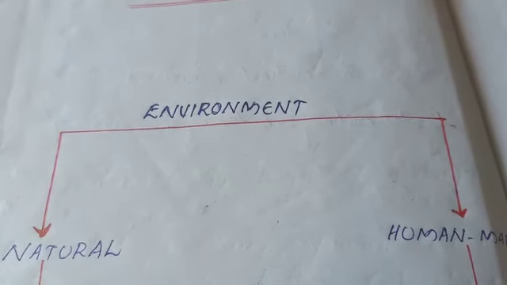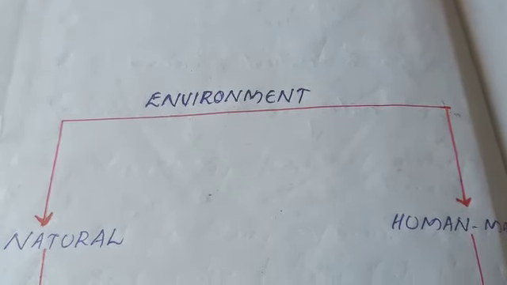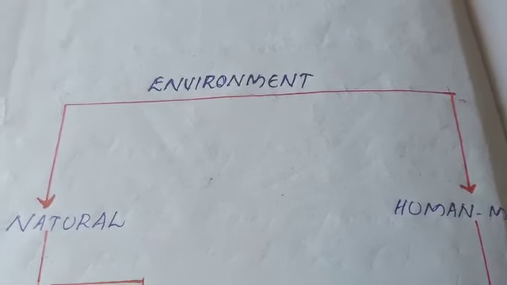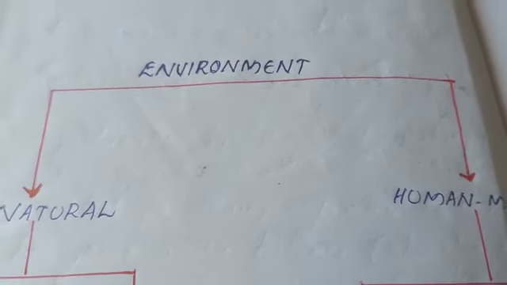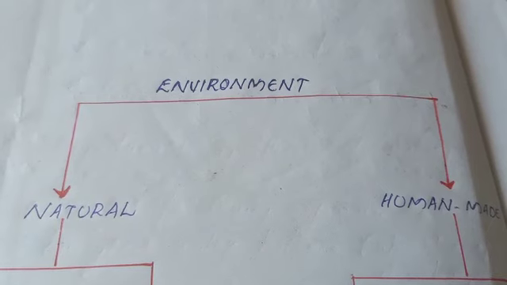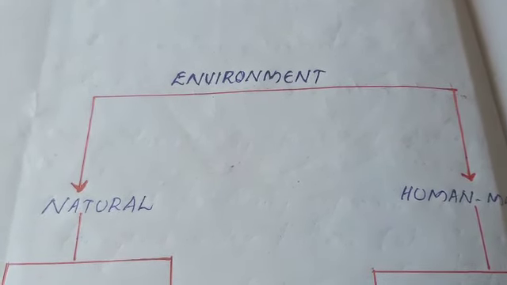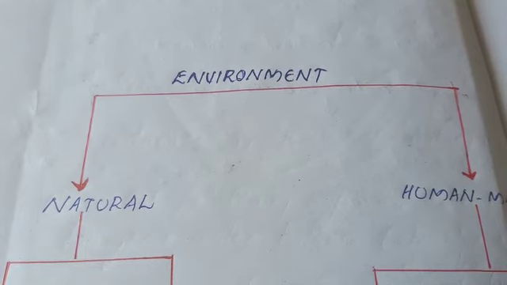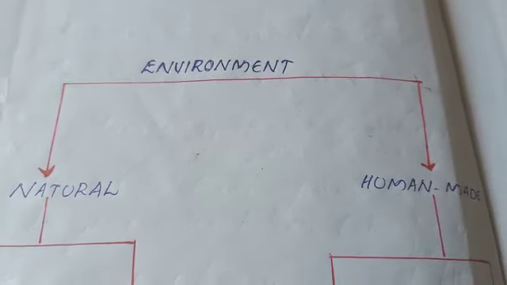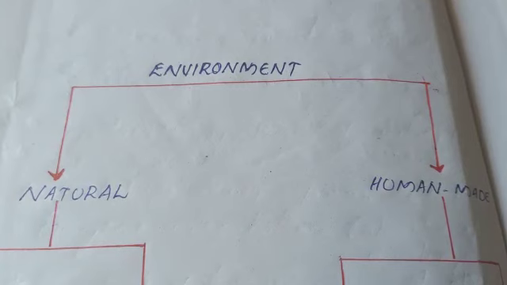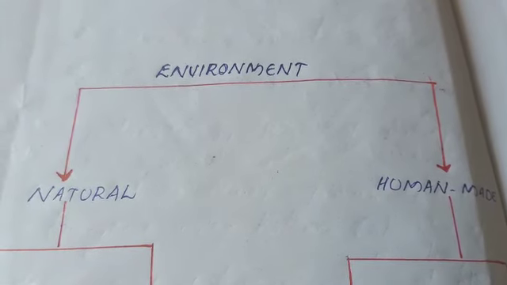Now, we are going to discuss types of environment. Environment is mainly divided into natural and human-made environment. Natural environment is formed or created naturally, whereas the human-made environment is created by human beings.